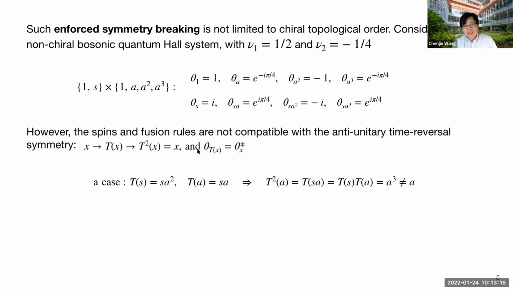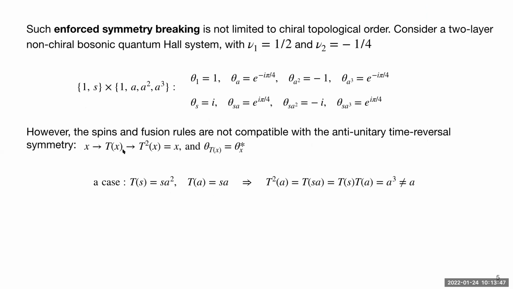At the same time, time reversal is anti-unitary. So these are the numbers that I listed here, the exchange statistics of the two identical anyons. The exchange statistics of A is for the fundamental anyon in the layer with minus 1/4, and S is the fundamental anyon in the filling factor 1/2. And these exchange statistics must get complex conjugated because of the anti-unitary nature.